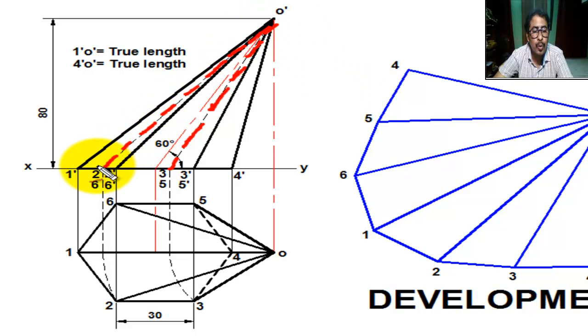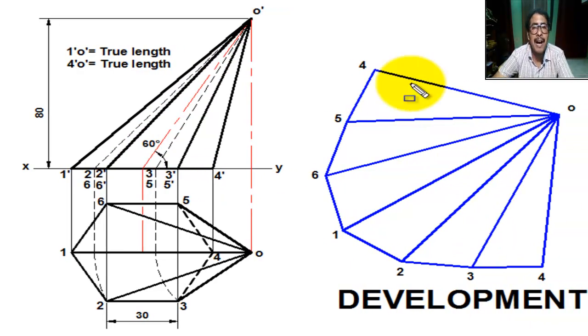Now O dash 2, O dash 6, O dash 3, O dash 5 are the true lengths, and O dash 1 dash, O dash 4 dash are already true lengths.